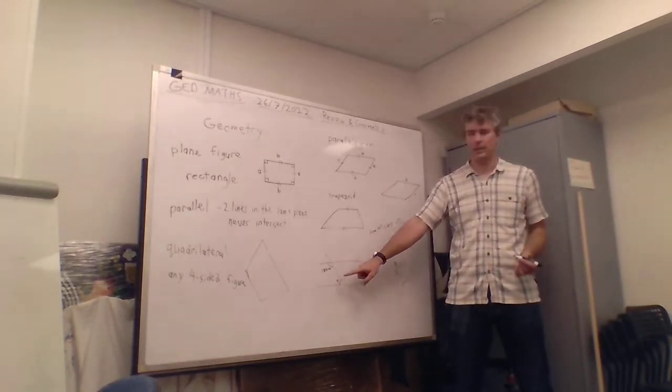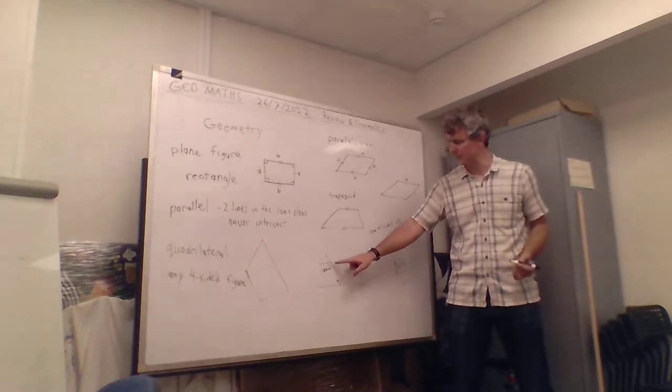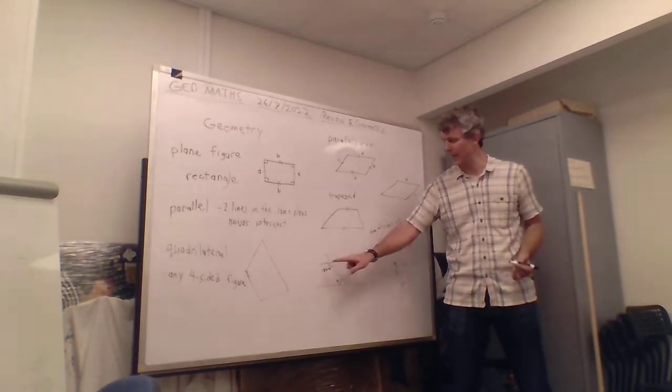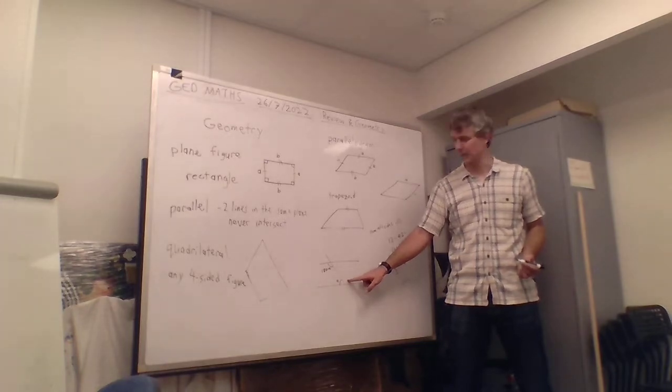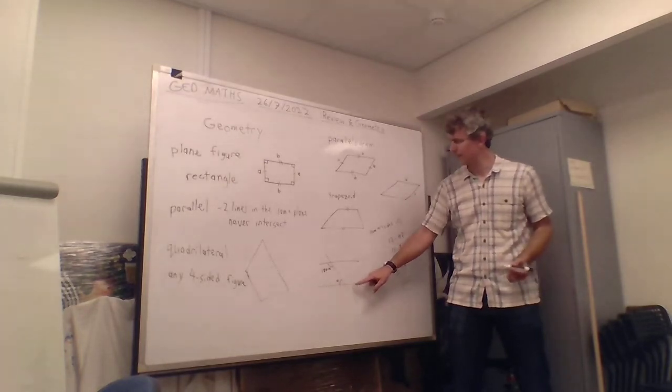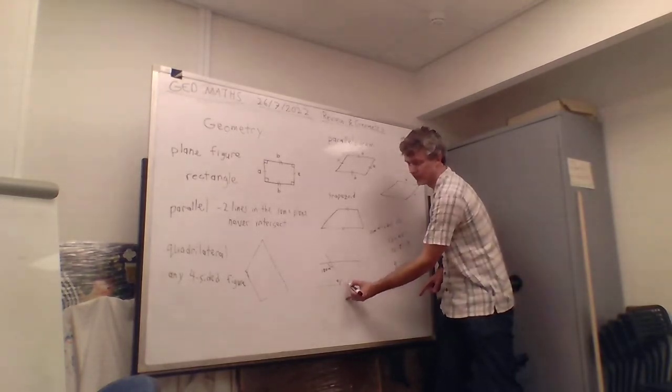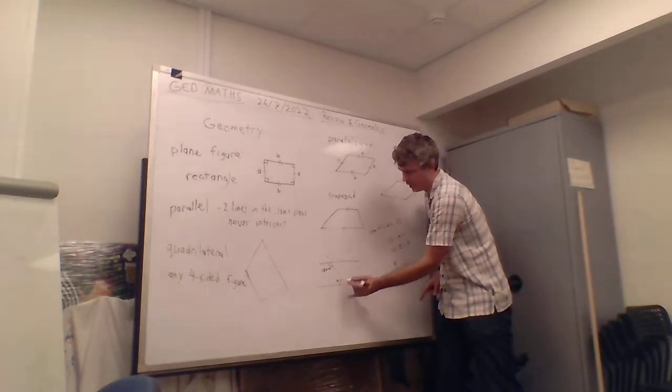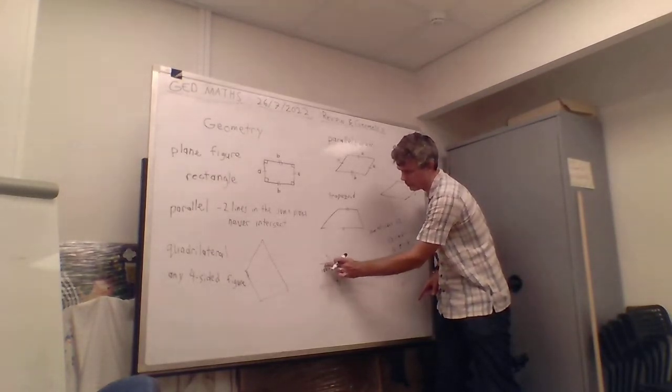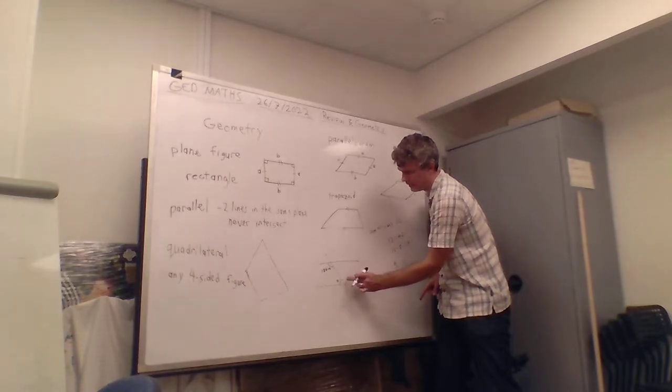And the same here. So this angle is the same as this angle, and this angle is the same as this angle. Because this is a line, right? You remember, this whole thing is 180. So, because this one equals this one, then this one is 180 minus A.